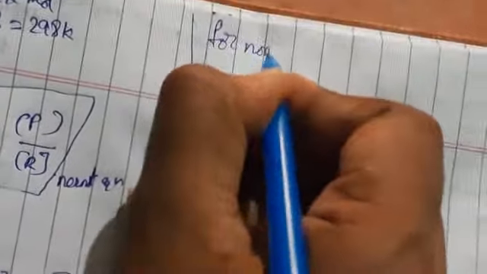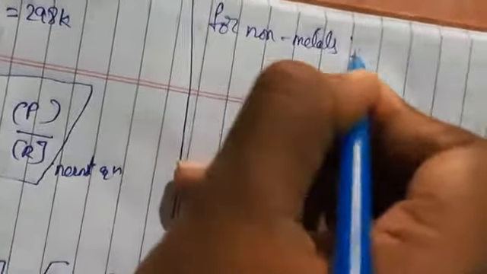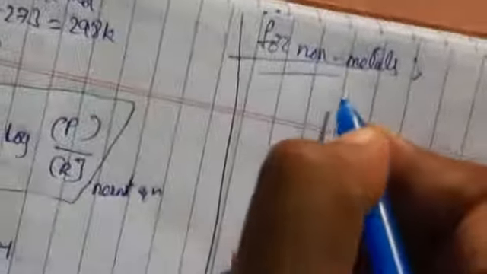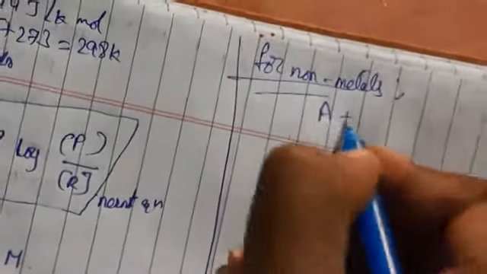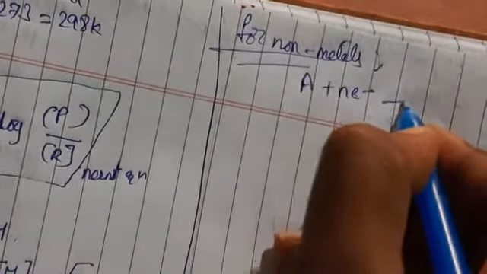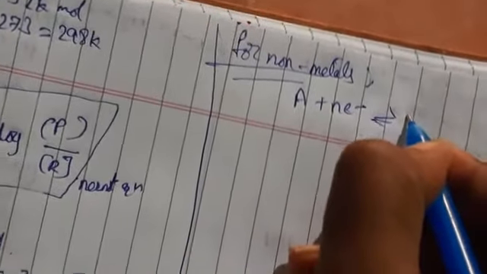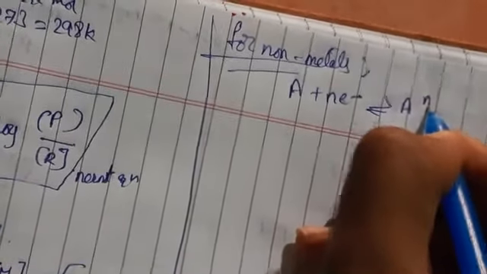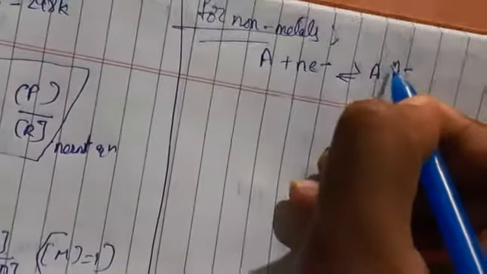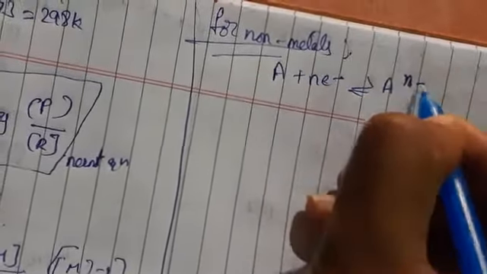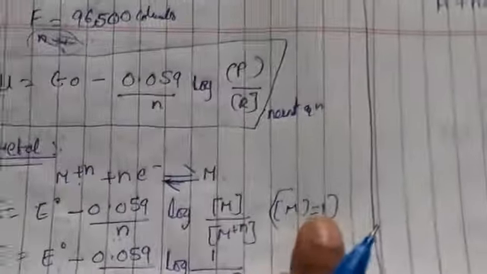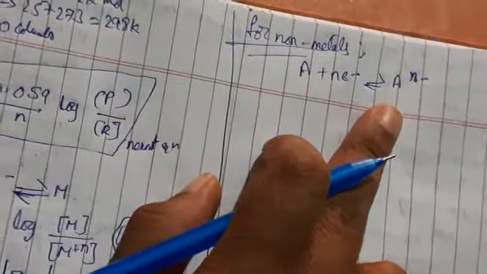Similarly, for non-metals, the reversible reaction is A plus n electrons gives A^n-. Here I am taking non-metals, where for metals I indicate plus n, and for non-metals I indicate minus n.